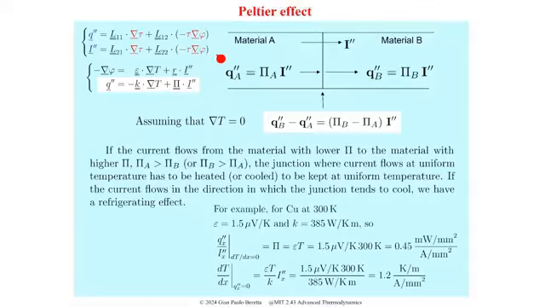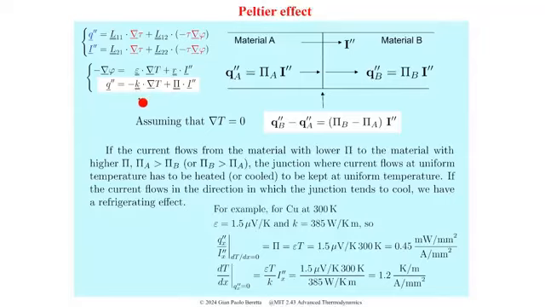And the typical setup is that you have a junction between two different materials in which you run an electric current. So they have to be conductors or semiconductors, and you have to be able to drive a current through this junction from material A to material B. So that's the current I.